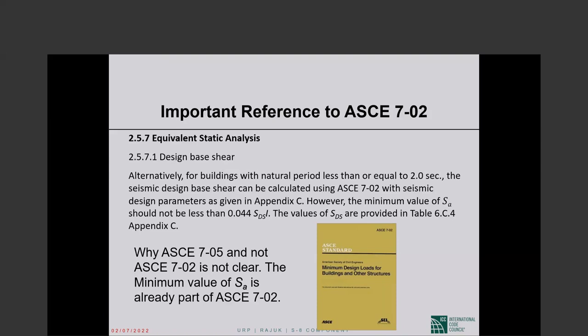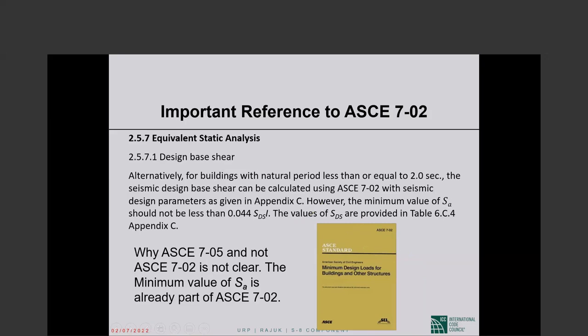Section 2571 goes on to say, however, the minimum value of S sub A, the spectral acceleration, as you will see, should not be less than 0.44 S sub DS times I. Interestingly, that restriction is already built into ASCE 7-02.